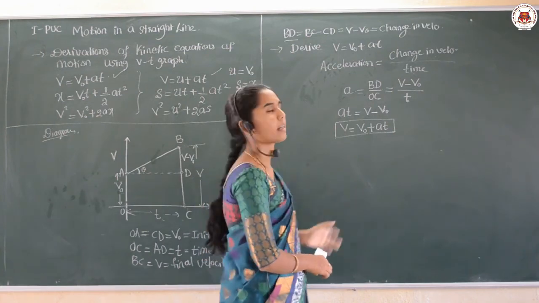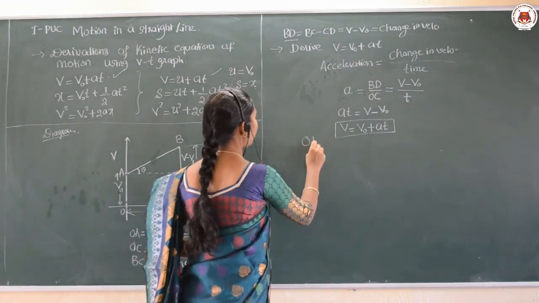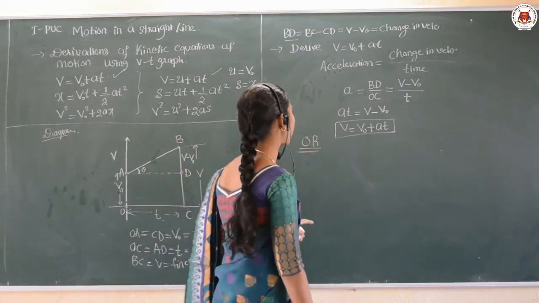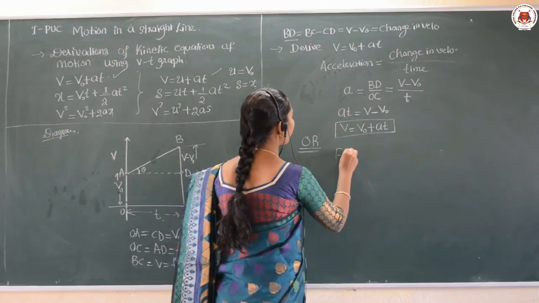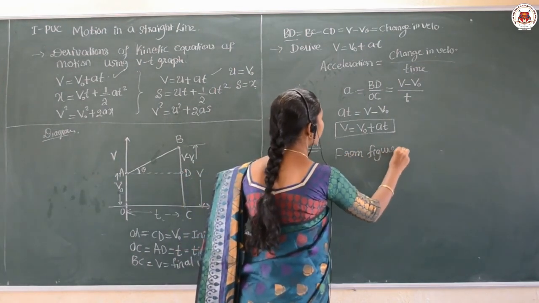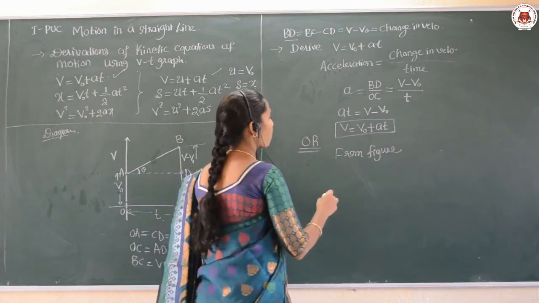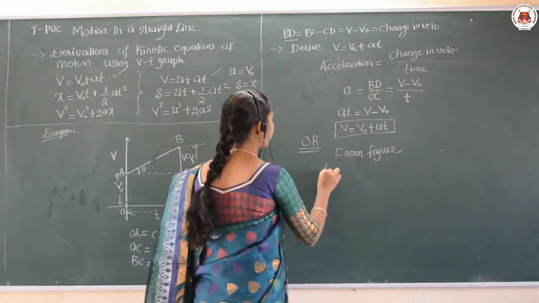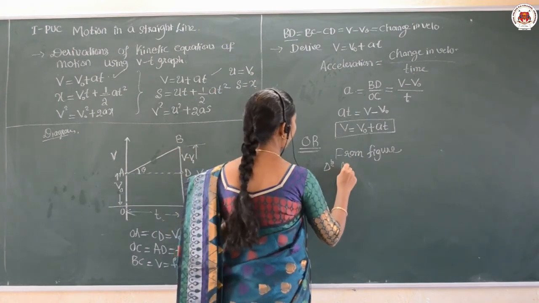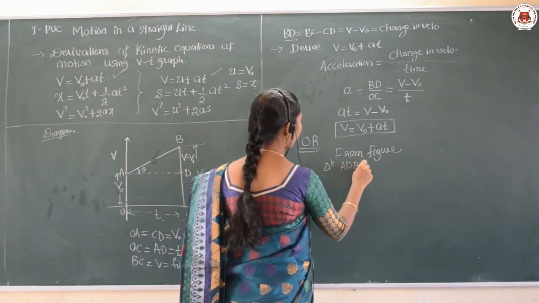Or for the same derivation, you can use another method. The other method to derive the same expression is from the figure. From the figure, I am considering triangle ADB.